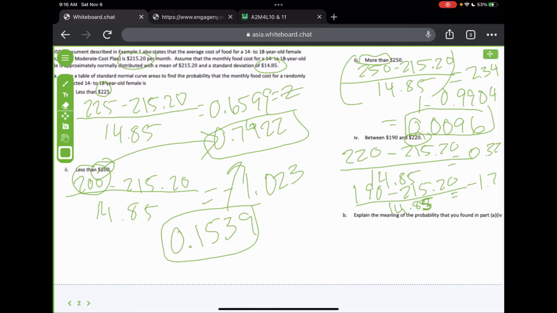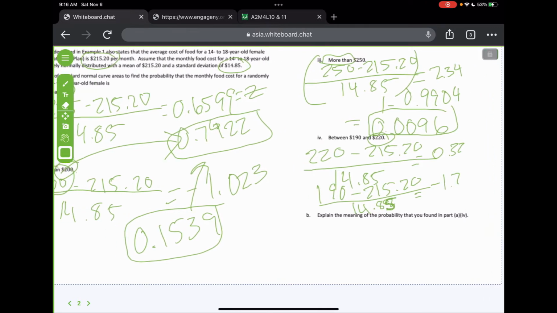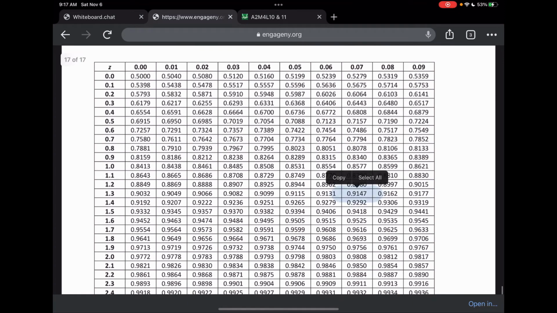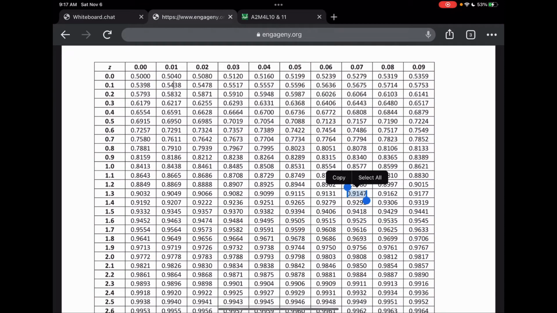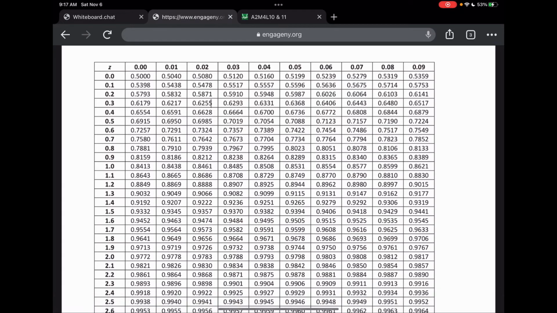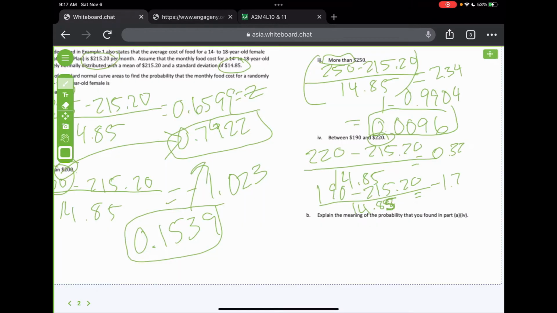Okay, so I'm going to move over a little bit more if I can here, and I'm going to write those down here in the explanation, or on B. So we want 0.32, so 0.32 is right here. 0.6255.